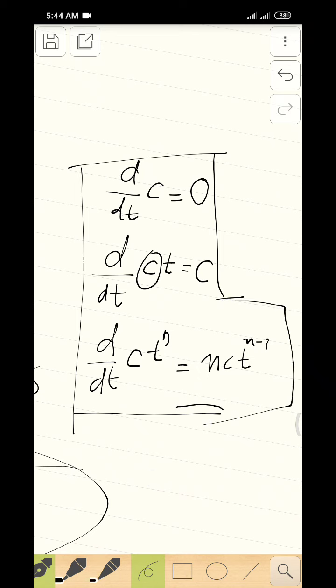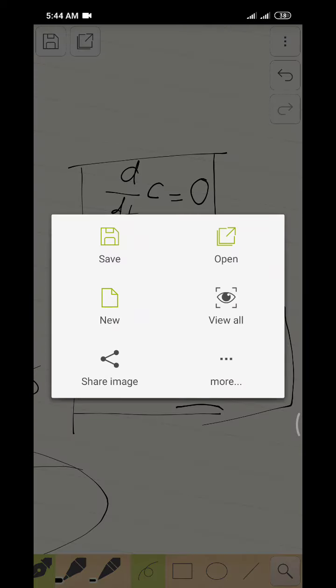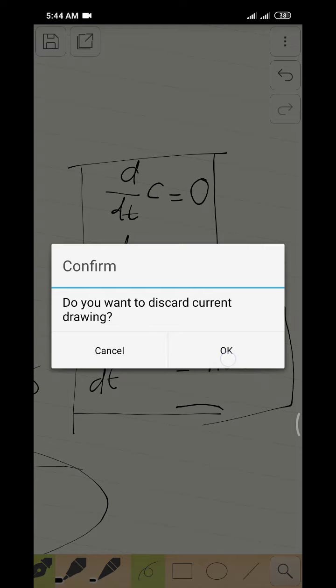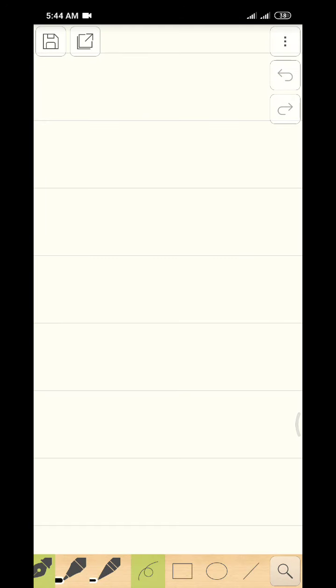These are important. So now let us come to the next question. An aircraft executes a horizontal loop of radius 1 kilometer with a steady speed of 900 km per hour.